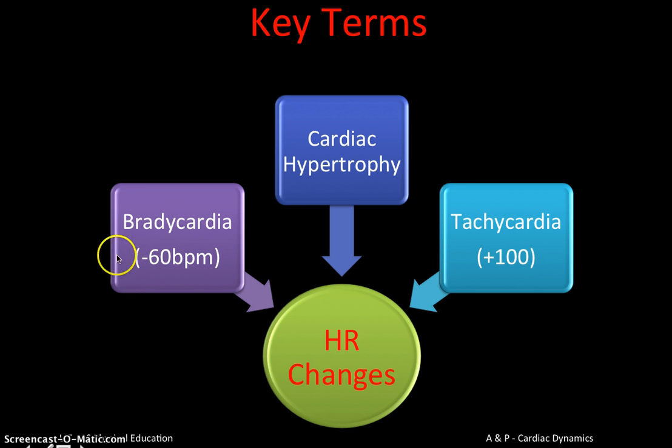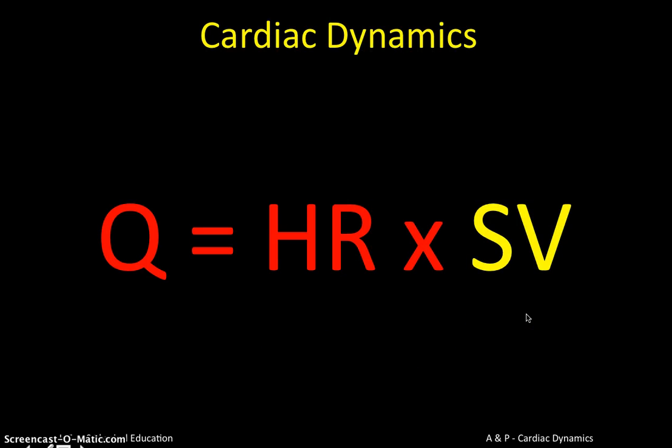So if your heart rate is below 60 beats per minute, it is bradycardic, or there is bradycardia. If your heart rate is elevated and goes above 100 beats per minute, it's tachycardic, and that is tachycardia. So just some terms you might appreciate.